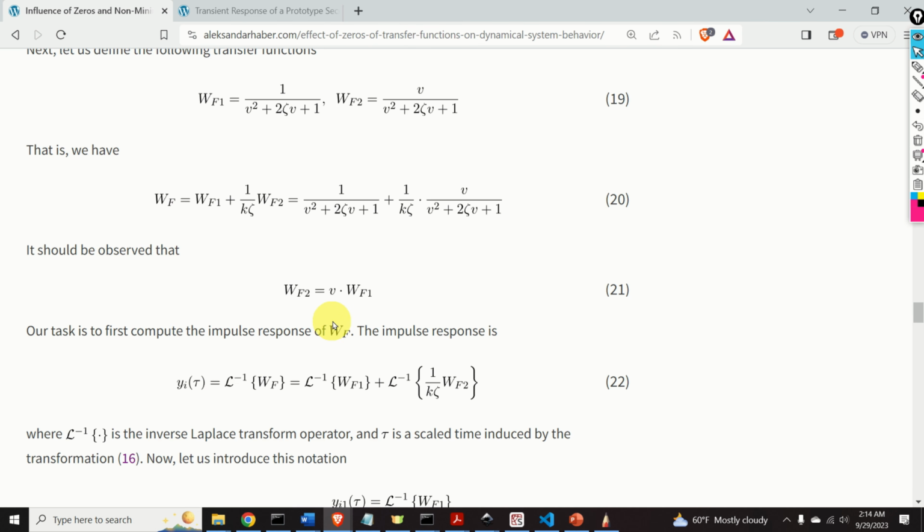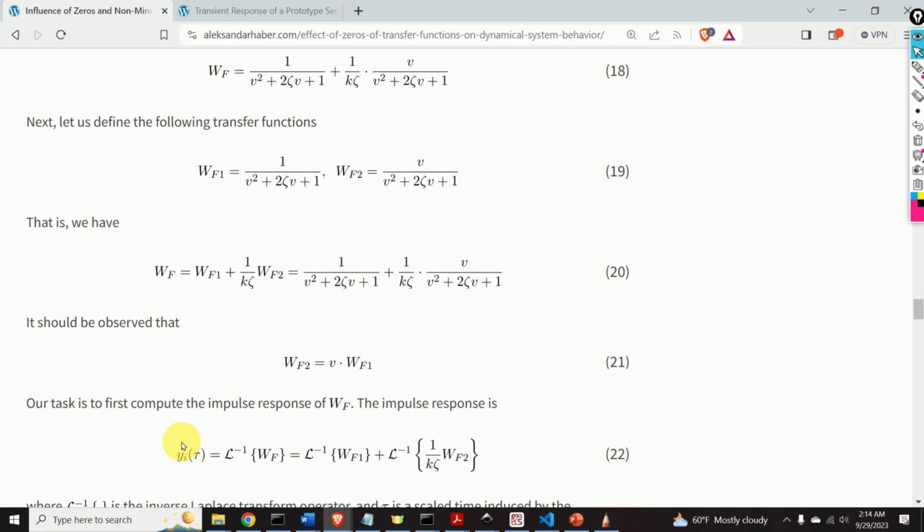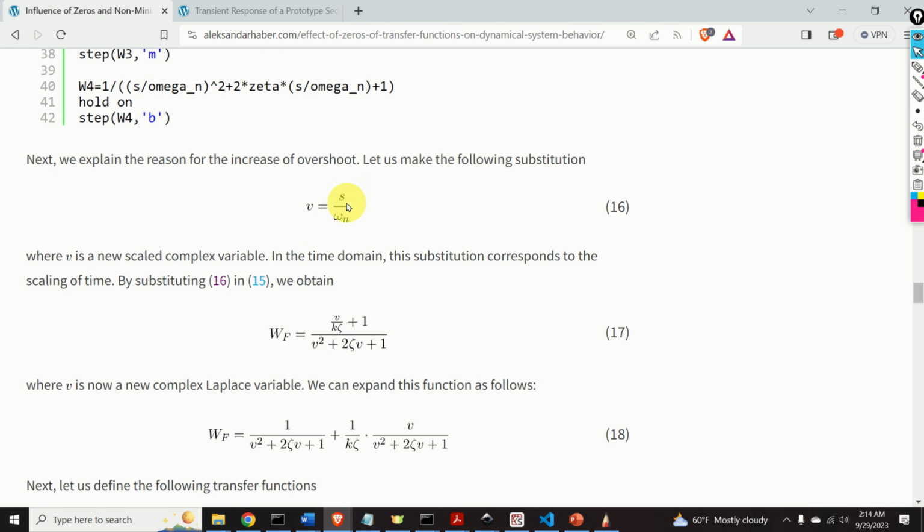The impulse response is the inverse Laplace transform of wf, and by using this expression, we can obtain this expression. Over here, this symbol is the inverse Laplace transform operator, and tau is the scale time induced by transformation 16. Now, here I need to mention the following.